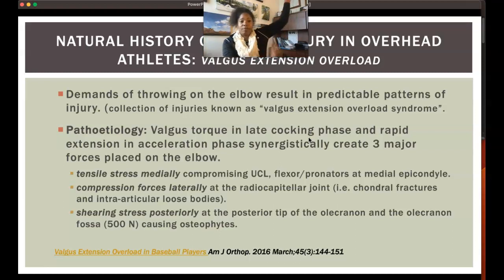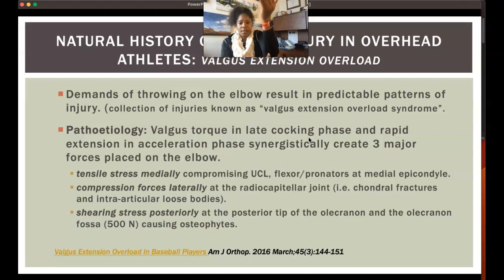First and foremost, we have the valgus load on the MCL, number one. Number two, because we have a valgus load, we have compression on the humeral radial joint, which we've talked about, or the radial capitellar joint, depending on who you ask, right? And this can lead to osteoarthritis, it can lead to loose bodies, right?